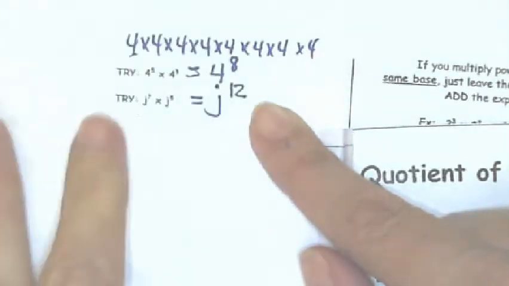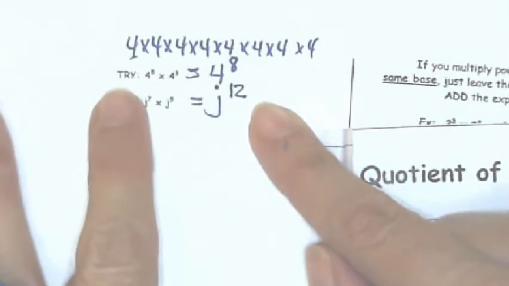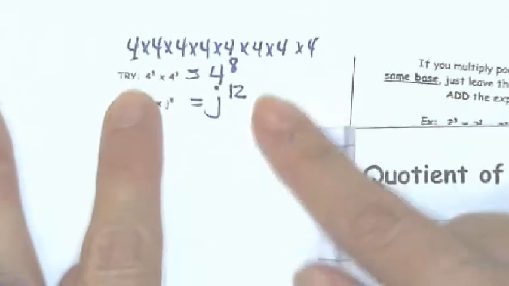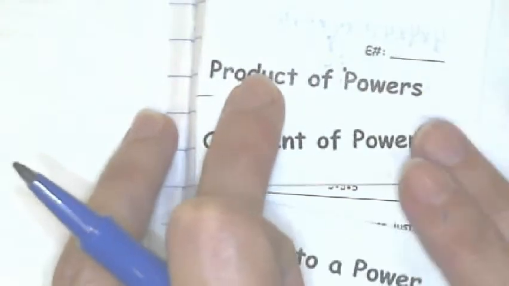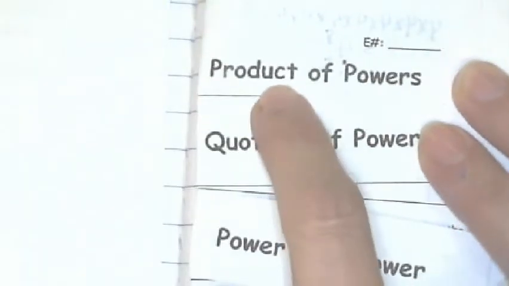J to the 12. That is called the product of powers. Again, when you are multiplying the same base together, you're adding the exponents.